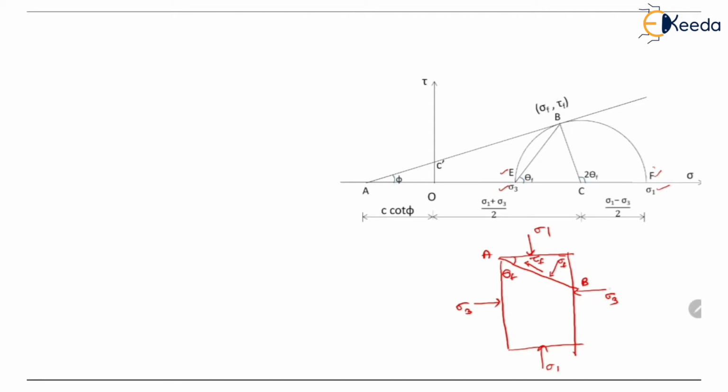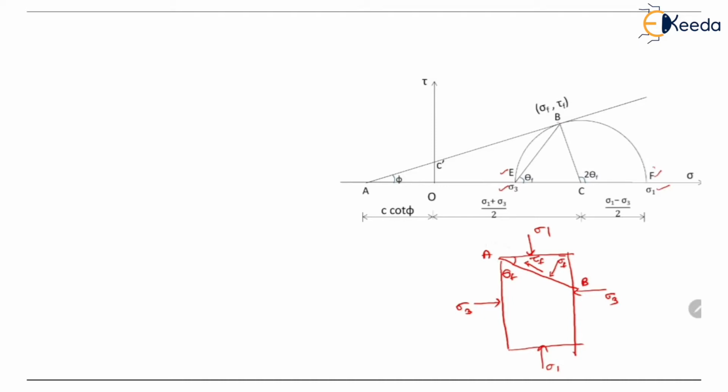The plane AB in the soil element is represented by line BE, because as the point B touches the failure envelope, that means BE is the failure surface. So BE represents failure surface AB. This BE is inclined at an angle theta f with the major principal plane or x-axis.